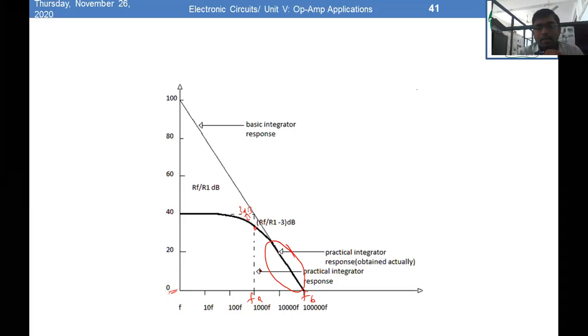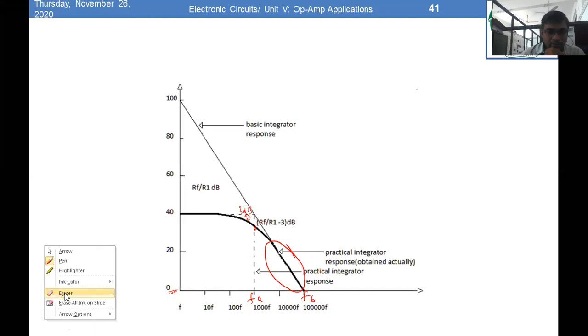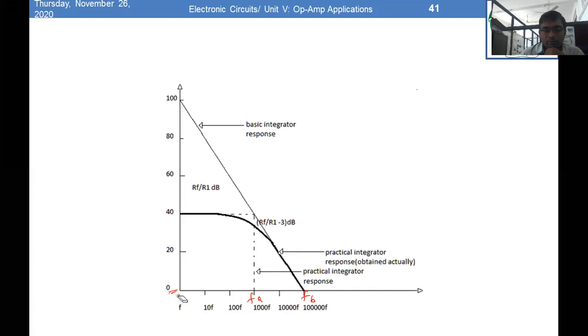You can also derive the frequency response mathematically in terms of the gain and frequency relationship. We will refer to that in the next slide. And please draw this diagram or take a screenshot. It is a very important relationship. Okay, just take this screenshot.